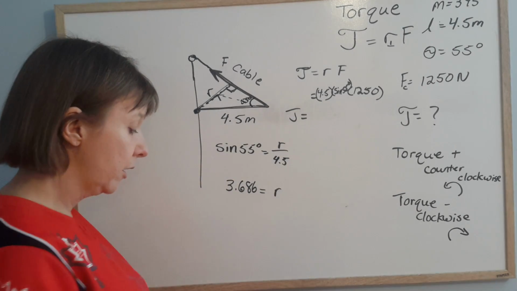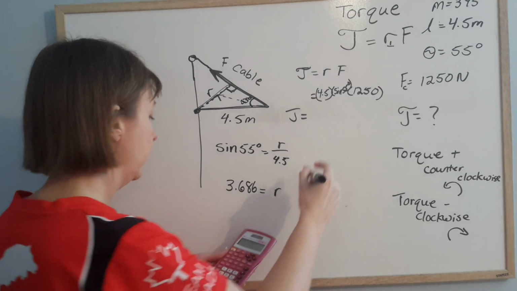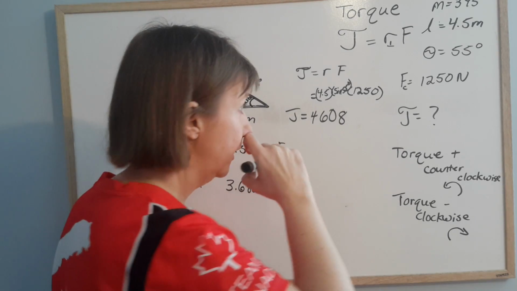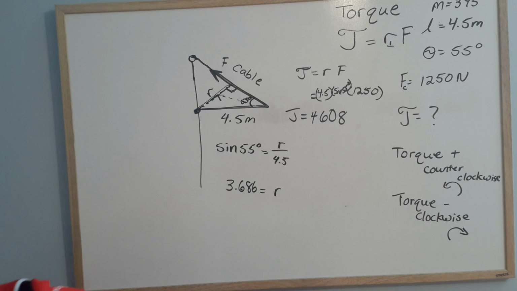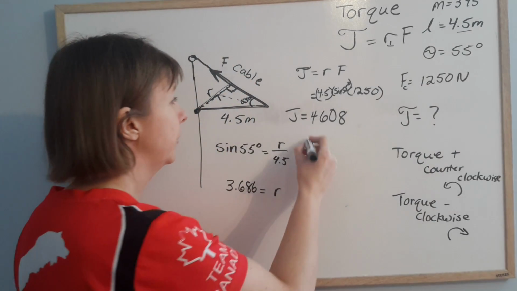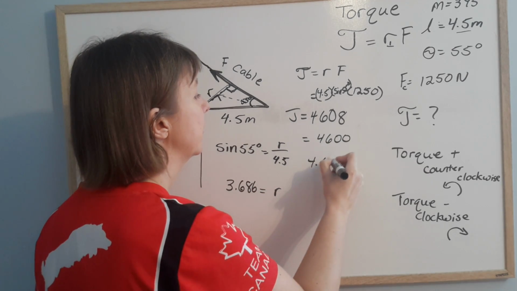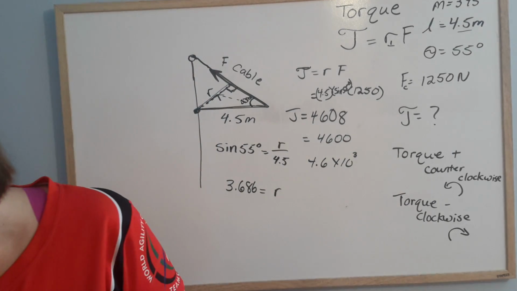And so my torque works out to be 4,608. In terms of significant figures, there's only 2, because they only gave us 2 right here. So that would be 4,600 or 4.6 times 10 to the third, one of those 2.